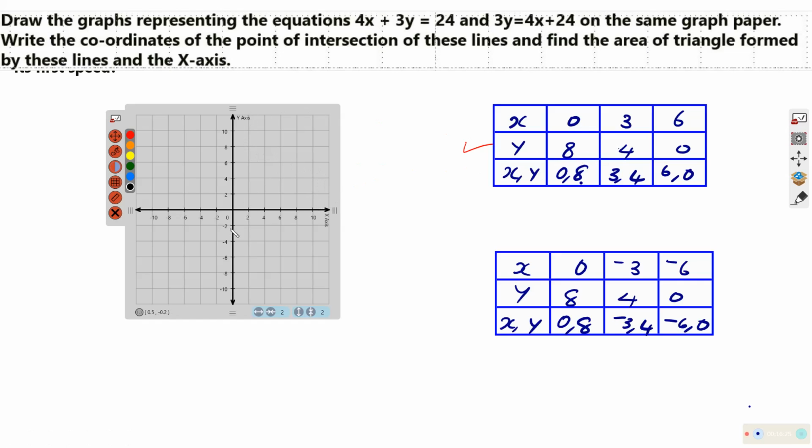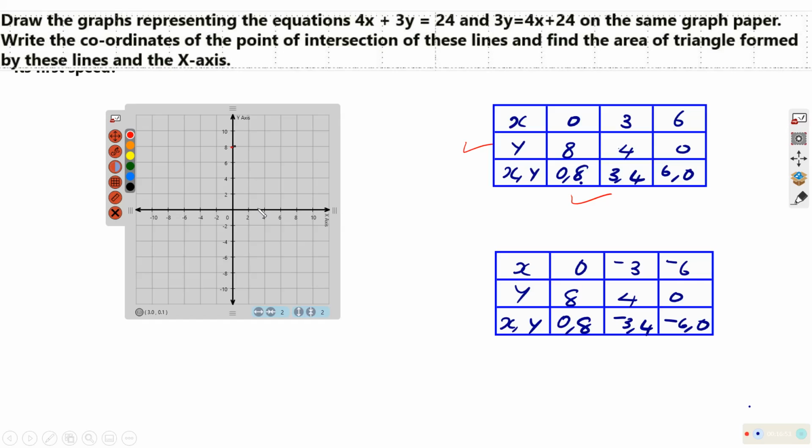Marking it on the graph, first is 0 on the x-axis and 8 on the y-axis. So naturally the point will be here. Yes, it will be here. And the second one is 3 and 4, 3 on the x-axis, right side, and 4 on the y-axis, upper.